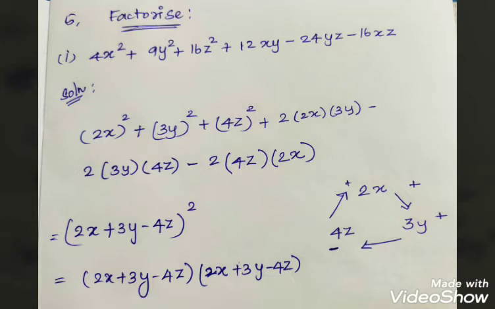First find the perfect square of x. 2 square gives you 4, so 2x the whole square, plus 9 means 3 square, 3y the whole square, 16 means 4 square, 4z the whole square, plus 2 into 2x into 3y, minus 2 into 3y into 4z. Like that we are substituting.